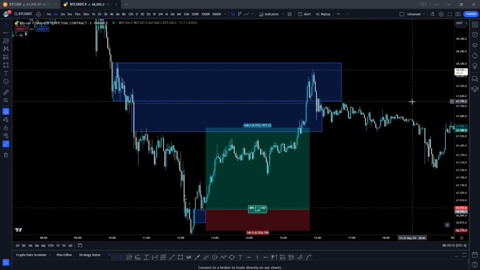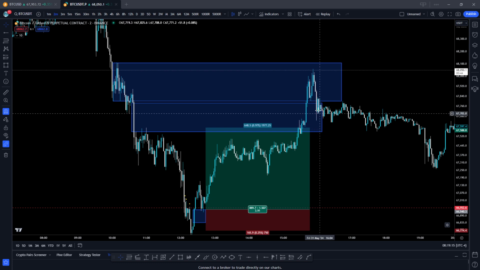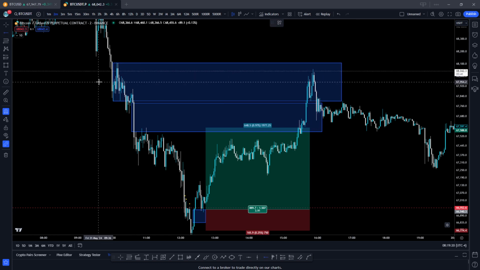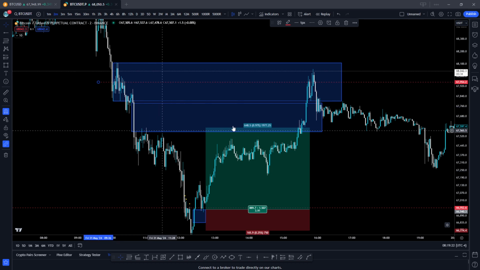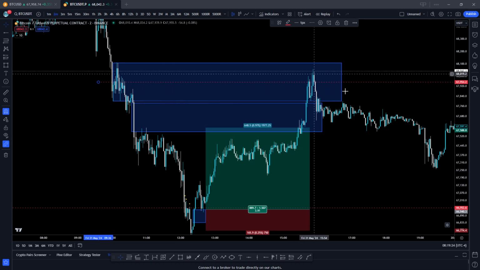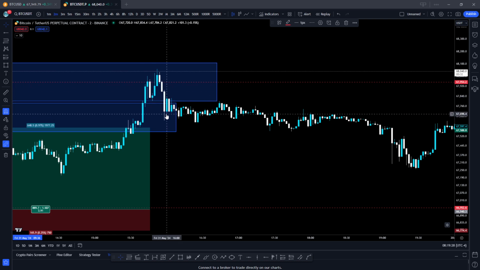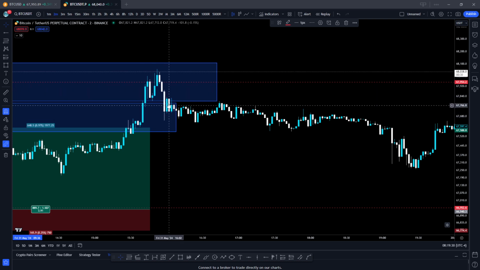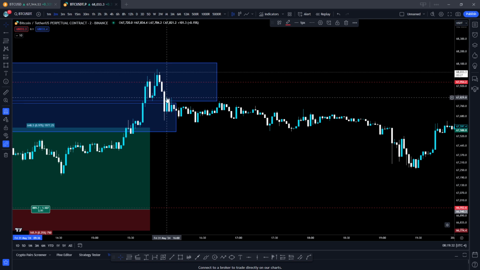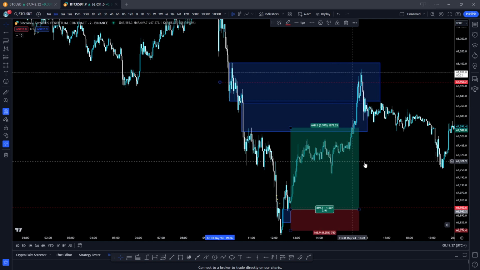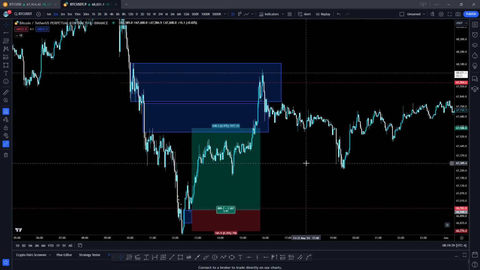Bang. Then we get a little bit of a market structure shift. Imagine that. We got a 50% level, get above it, break down below right here, get a little bit of a return back up, but we don't get up to a fair value gap or anything. So it's probably not something that you could play. And I probably wouldn't play it either because we're not really taking out any highs or lows.